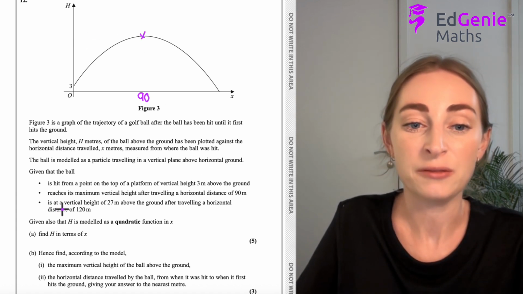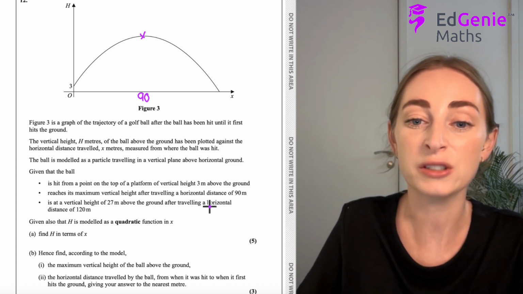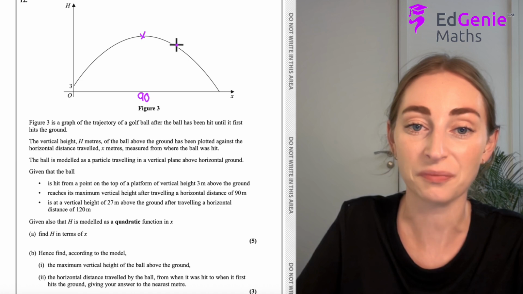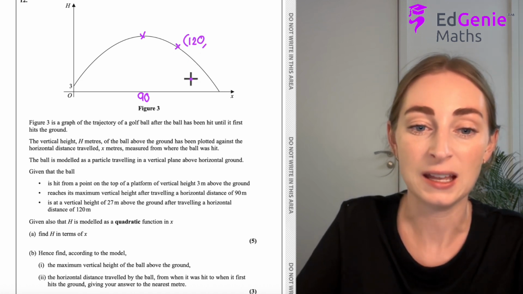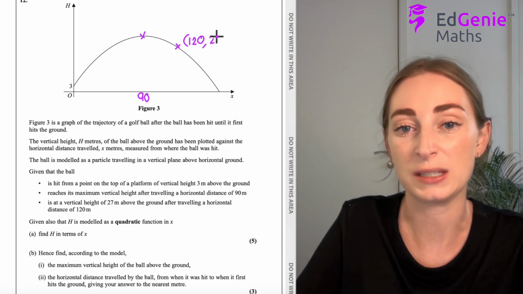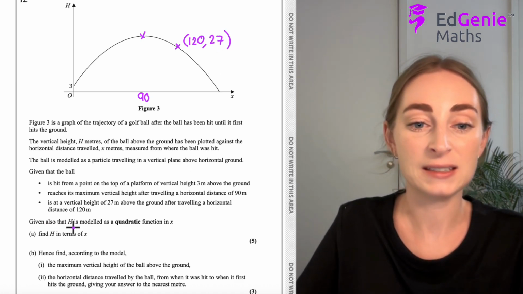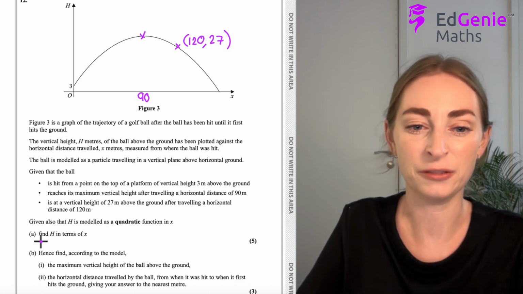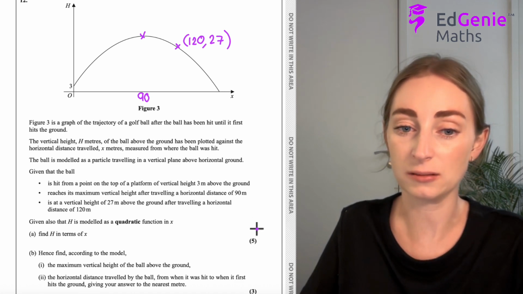The ball is at a vertical height of 27 meters above the ground after travelling a horizontal distance of 120. So somewhere around here, 120, and h is going to be 27. Okay? Given that h is modelled as a quadratic function, find h in terms of x, and it's 5 marks.